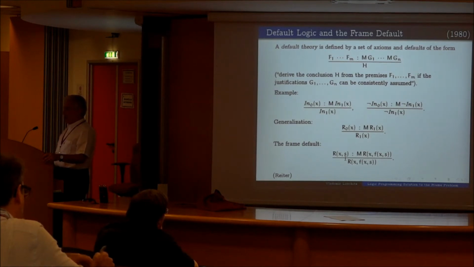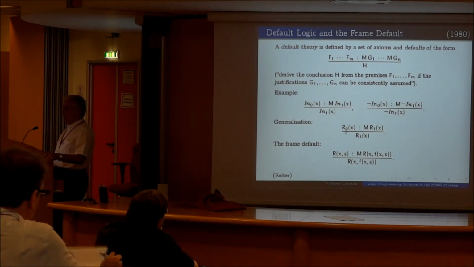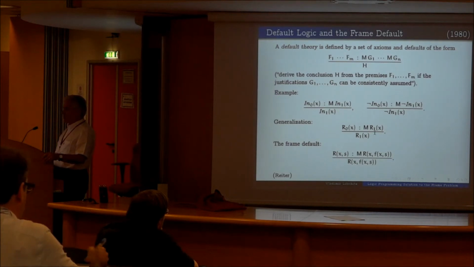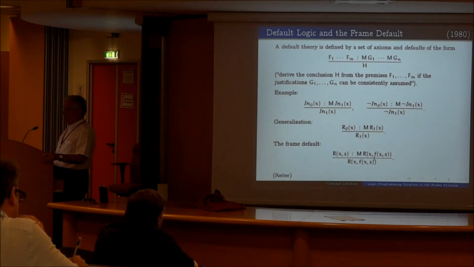This situation describes the state of the world at time 0. And instead of the subscript 1, Reiter used this term f of x, s. What this means is that a certain action, which was possibly dependent on this parameter x, when it was executed in situation s, f of x, s is the resulting situation. So essentially, this default and this default express the same idea, except that I use a very simple model of time, and this is a situation calculus default.